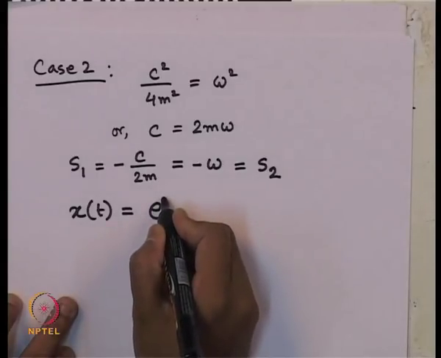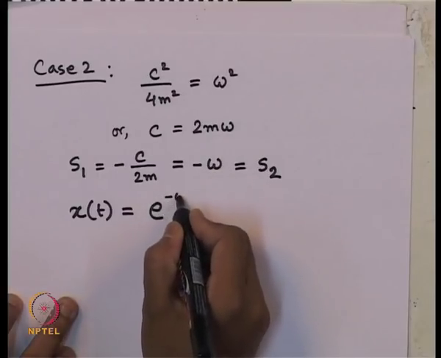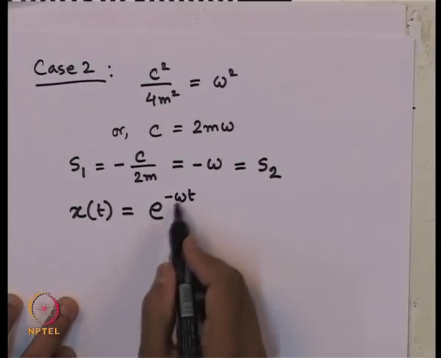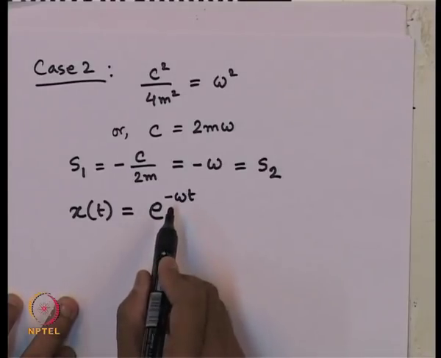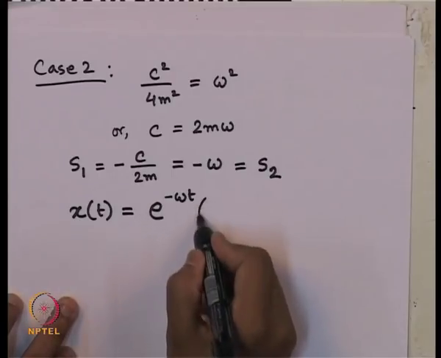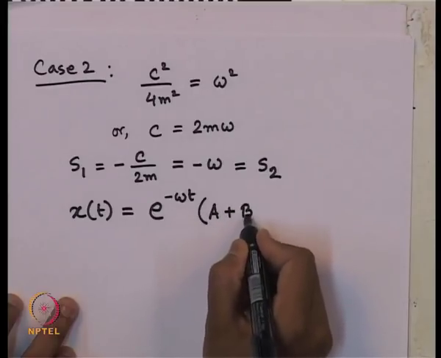So, e to the power, what is the root? s is minus omega. So, minus omega t, e to the power s t was our general solution. So, what is the value of s? Value of s is minus omega times a plus b t.